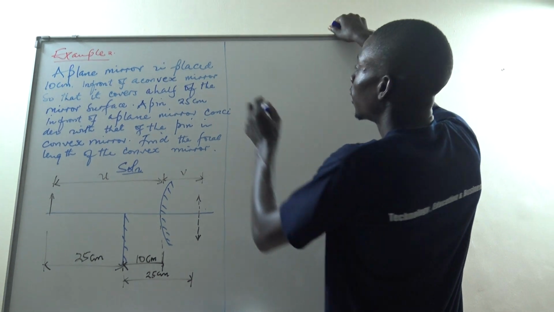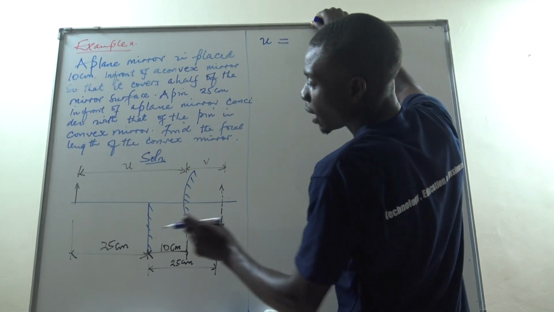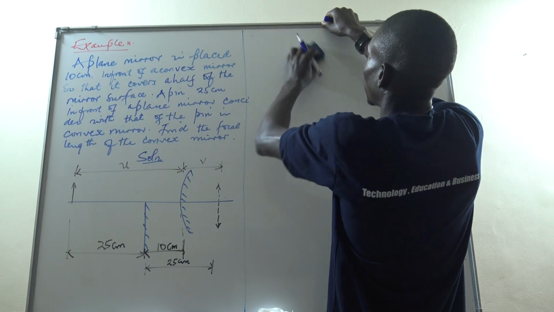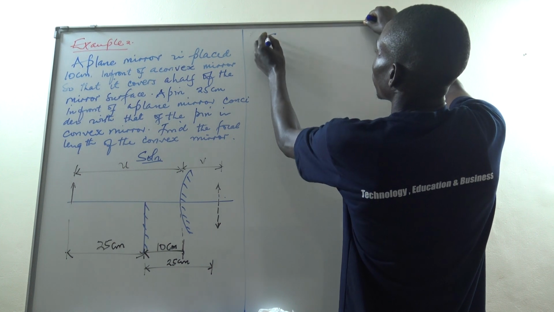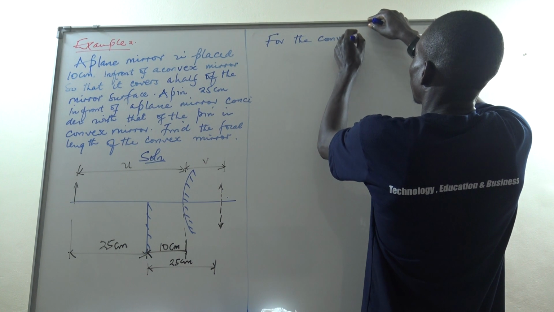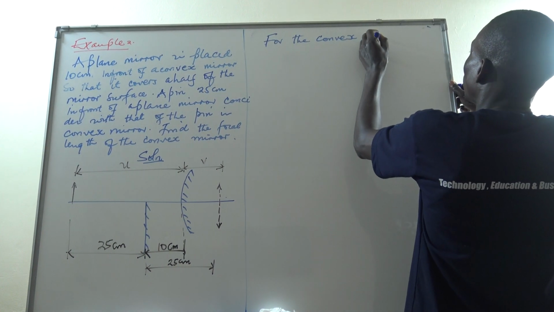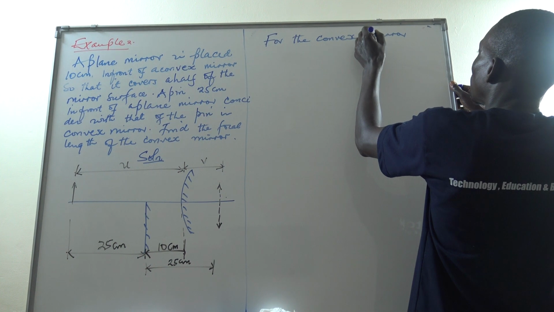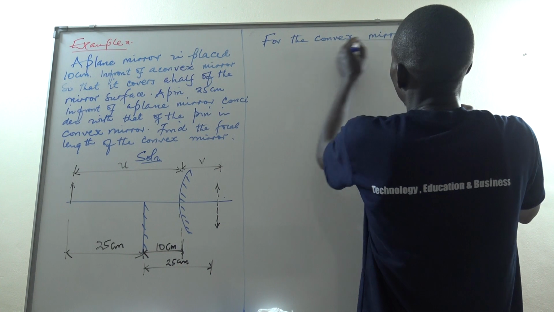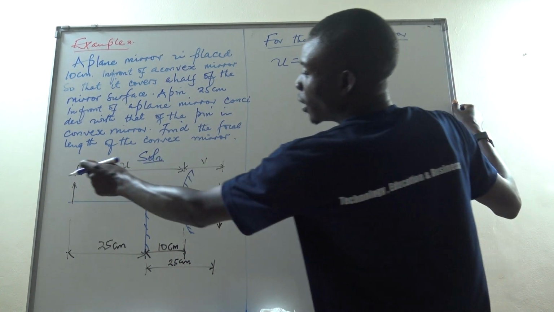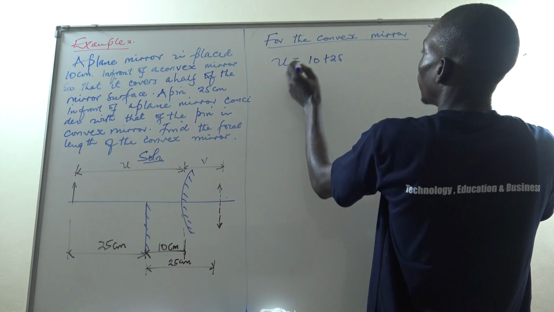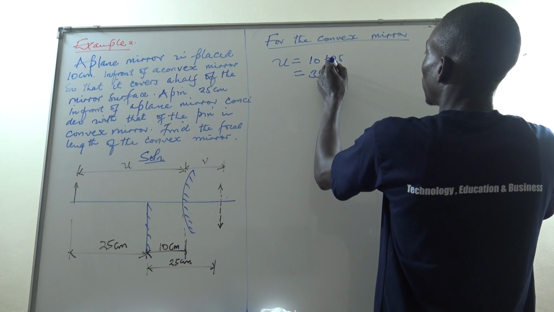So we shall say our U is equivalent to, from the diagram, U for the convex mirror. This distance U will be this plus that, which is 10 plus 25, that is 35 centimeters.